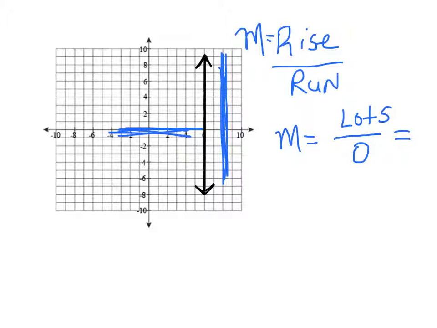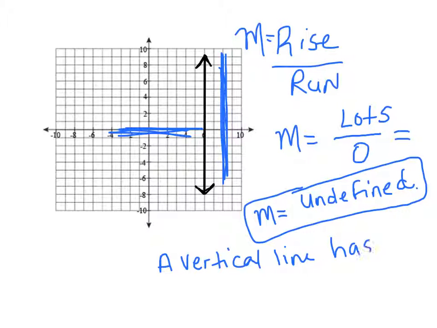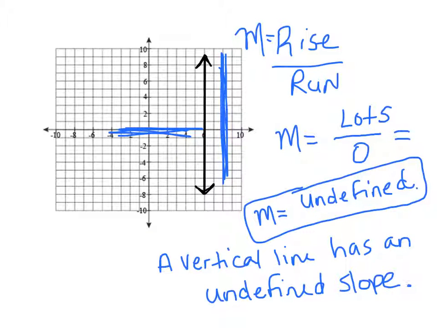Anytime we have 0 in the denominator, what do we say? We say undefined. Remember that? And that will always be the case. So the slope of this line is undefined, and in fact, a vertical line has an undefined slope. Always. Okay.